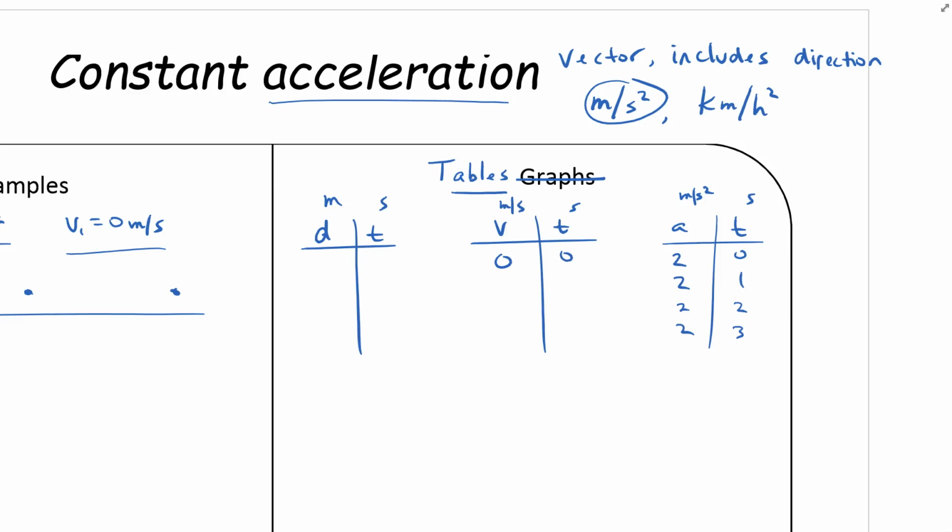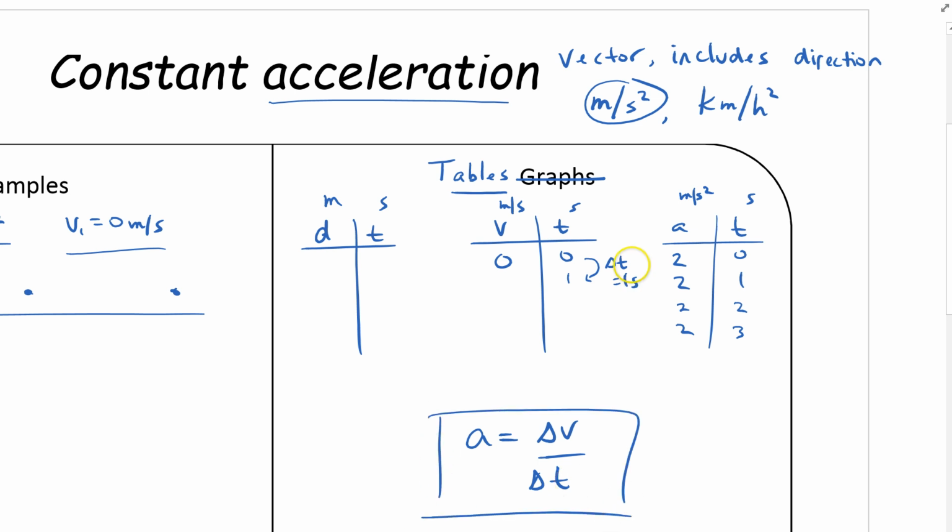Acceleration is the rate of change of velocity. In other words, if I go from 0 to 1 second, that means my delta t is equal to 1 second. Then my acceleration is equal to the rate at which velocity changes with respect to time. Here's our basic definition. So if delta t is 1, and the entire thing has to be 2, then 2 is going to be equal to something over 1.